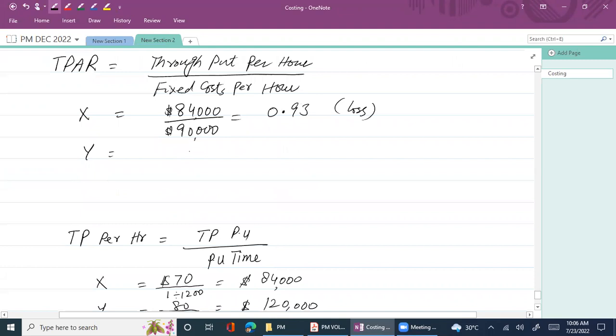And then 120,000 divided by 90,000, and the same concept applies: this will be a ratio, with no dollar sign in the answer. But now this is greater than 1, so this is showing a profit.